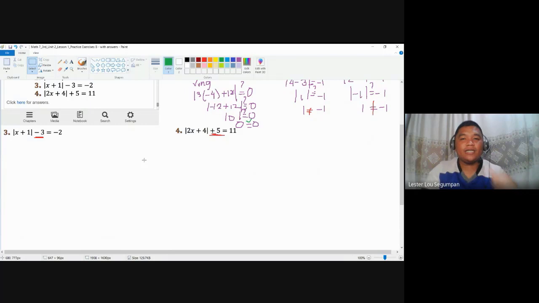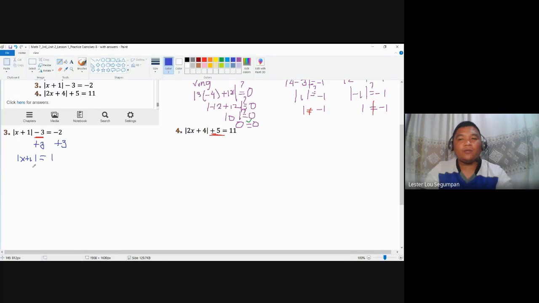What you need to do first here is to remove this by adding 3 to both sides. Why do we need to do that? So that we could remove the item outside the absolute value notation, and by removing that, we could now apply the cases. Because this becomes 0, it becomes x plus 1. The other side, negative 2 plus 3, is positive 1.